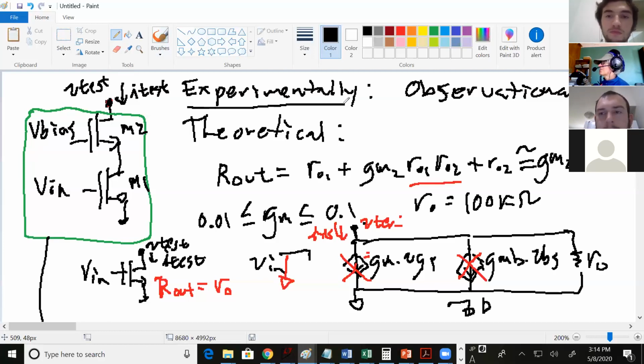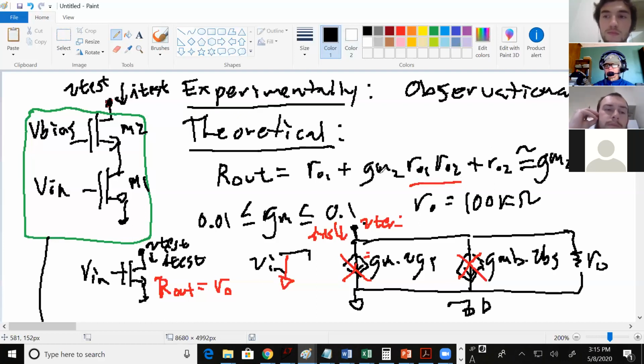That's a totally valid way to find those values. In this class, we're trying to concentrate on the theoretical, so that would be doing small signal analysis to come up with the equation for the resistance at that node. Okay, and last time we went through the math and we got an equation.